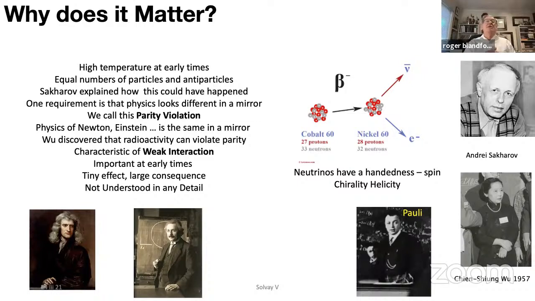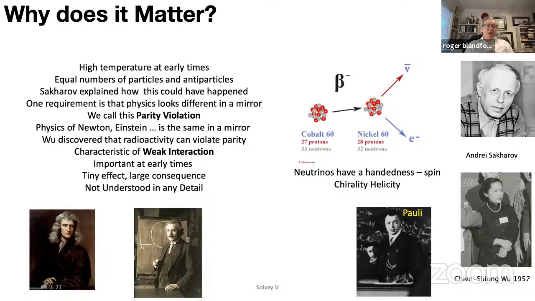And one of those conditions was that physics should not look the same in a mirror. In the language of physics, we say that parity will be violated. Now, as I expect everybody appreciates, the physics of Newton and Einstein and so on is basically the same in a mirror, and so that does not violate parity.